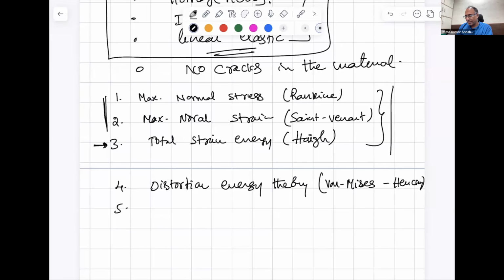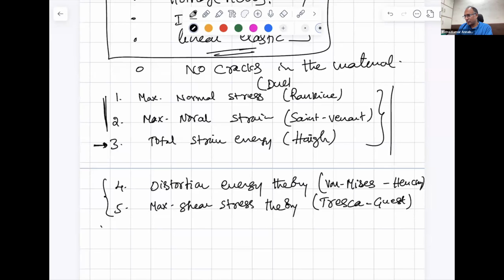And the fifth one is maximum shear stress theory, which is also called Tresca theory, Tresca-Guest theory. These two theories are extremely popular for ductile materials. All these theories are for ductile materials only.